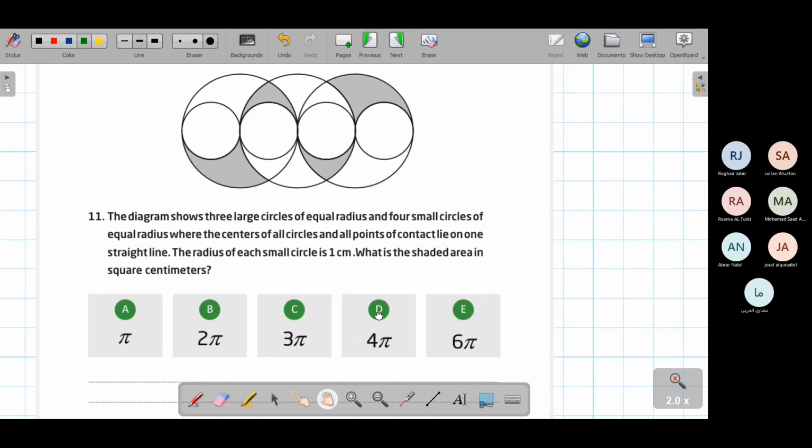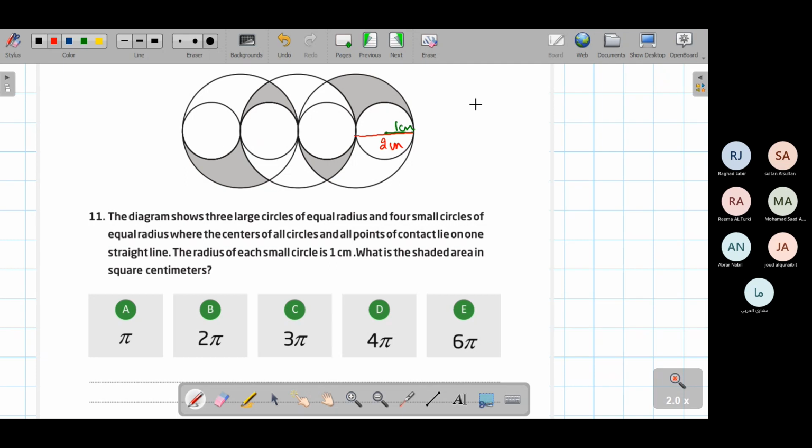If we go back here, he says that the small circles are equal, the large circles are equal, and the radius of the small circle is 1 centimeter, which means this one is equal to what, Ragad? 2 centimeter. And this 2 centimeter for the large circle is what? Radius. Excellent.